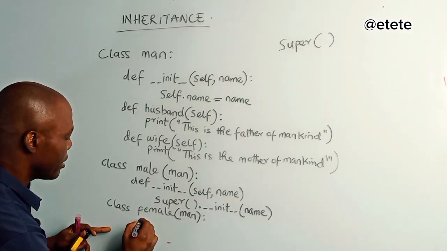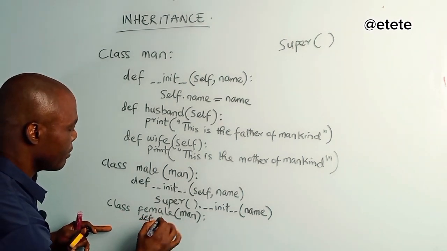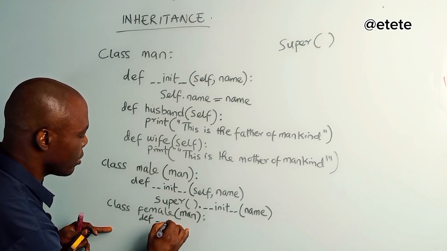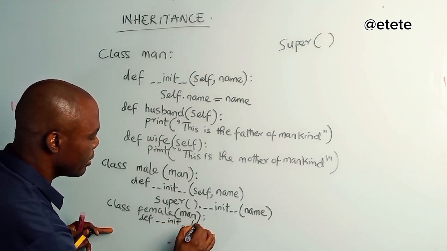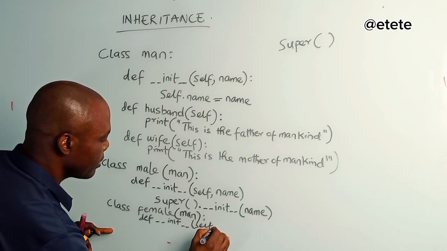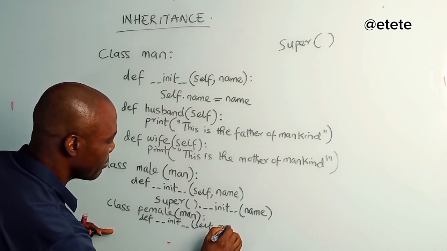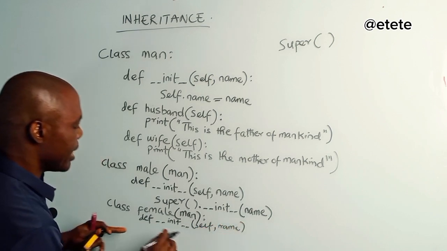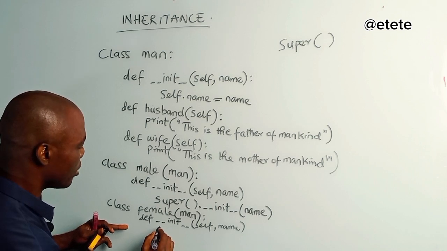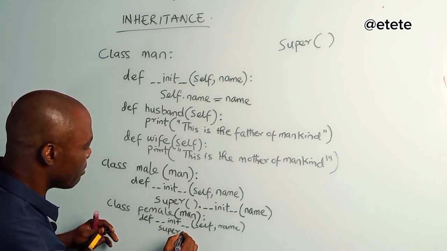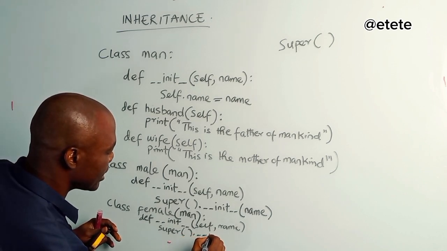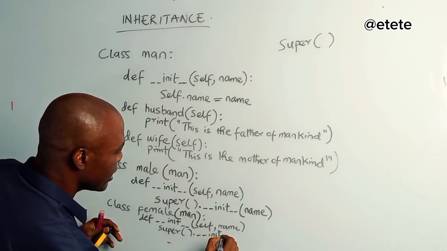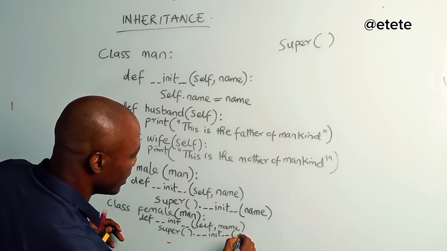So that would be def double underscore init, self, name. And then inside it, I'm also going to call the super class. The super method dot init, name.